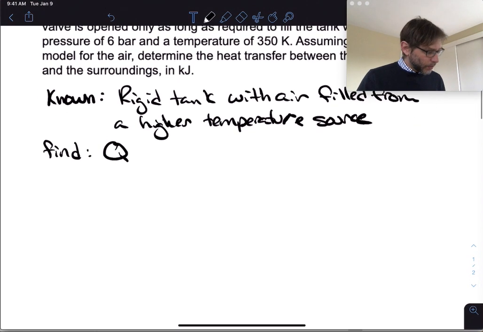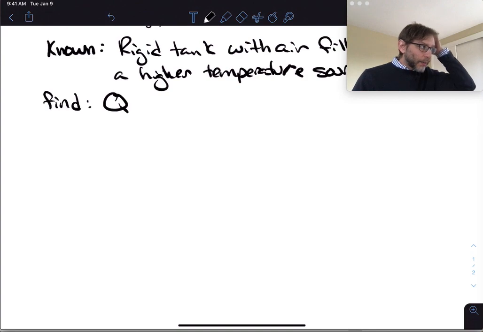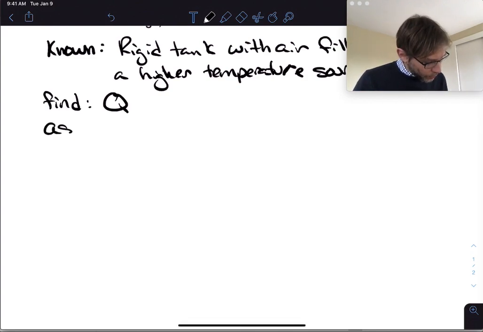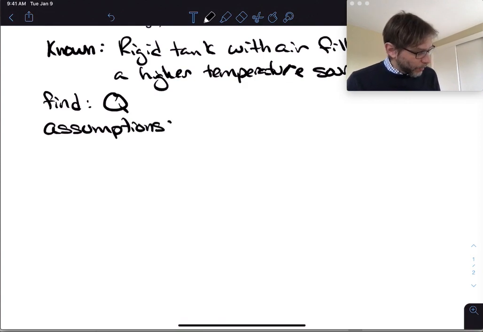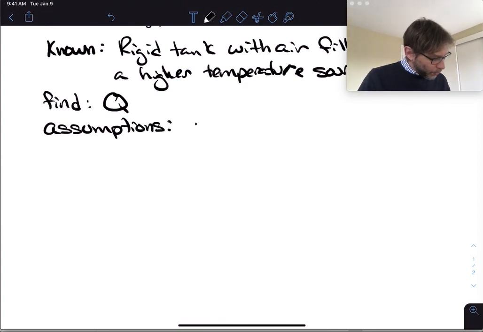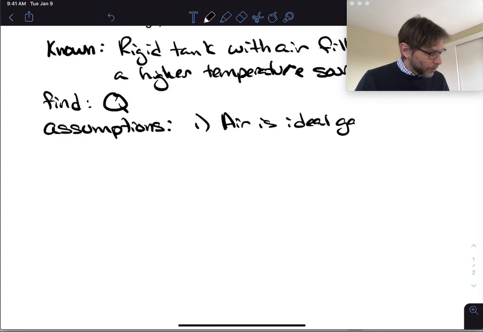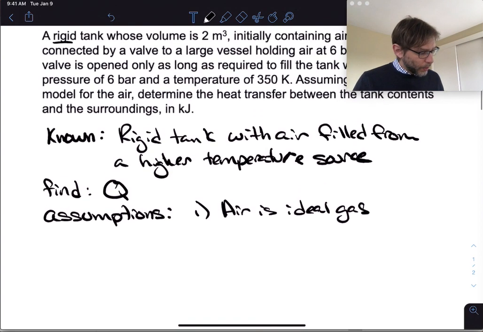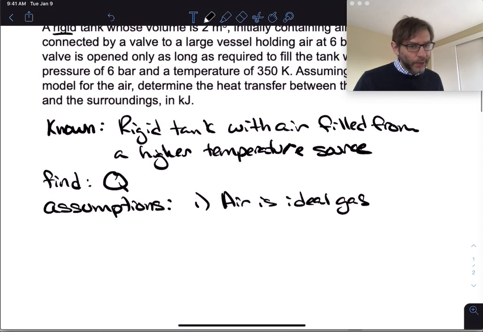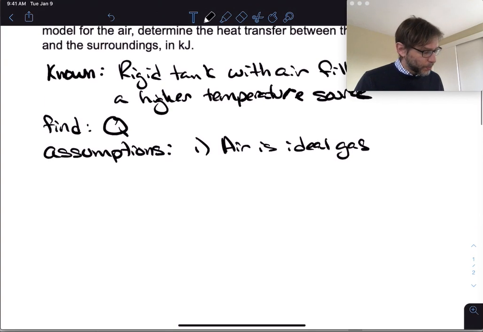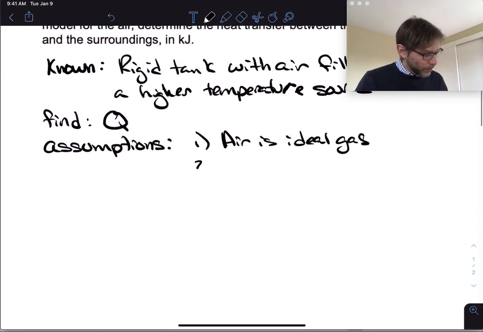All right, now the best thing to do is to write our assumptions. So writing our assumptions, one, we're going to assume that air is an ideal gas. Notice the problem doesn't say to use constant specific heats, and we're not going to be given specific heats, so we're not assuming constant specific heats.